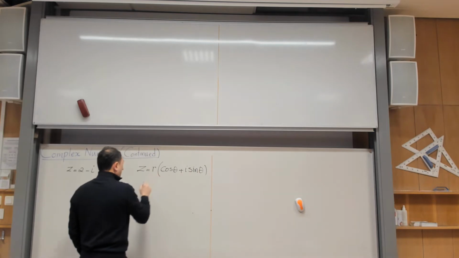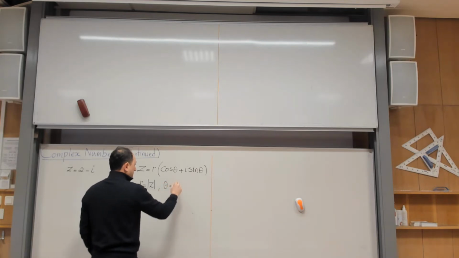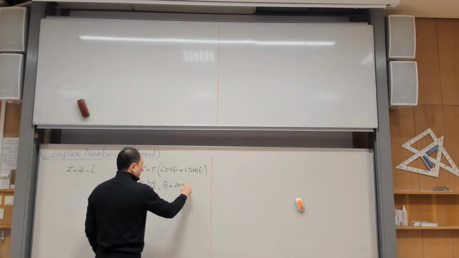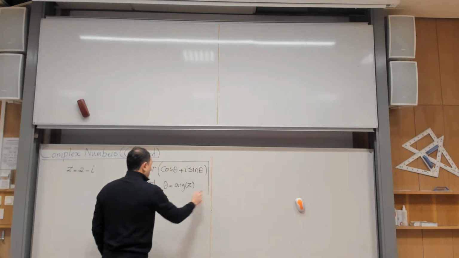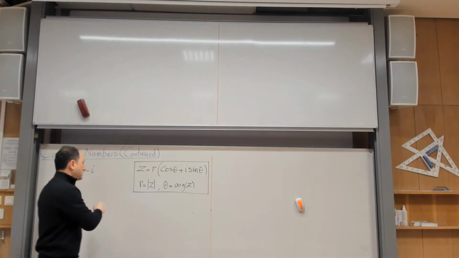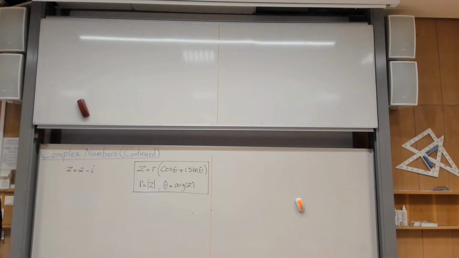If I ask you what r is, you would say r is the absolute value of my complex number, and if I say what theta is, you would say it's the argument of the complex number. So that is what we call the polar form. Hopefully today we will cover why changing this simple number to a little bit more complicated form is valuable.